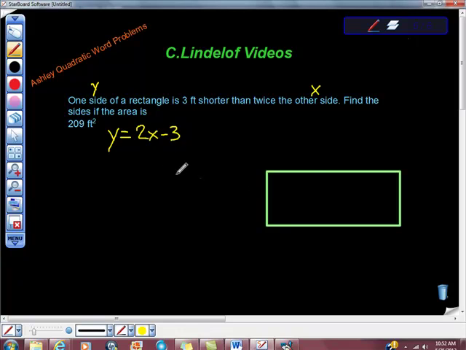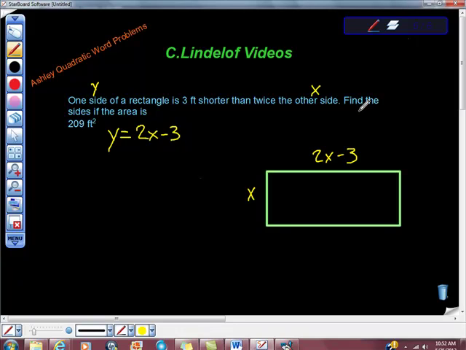From here, you can label your rectangle as x being here and y being here, and you can substitute y with 2x minus 3.